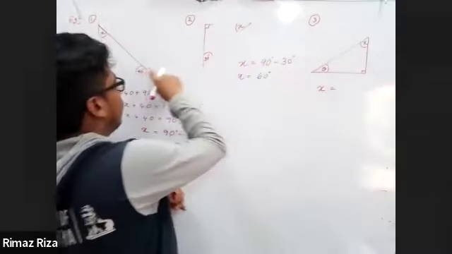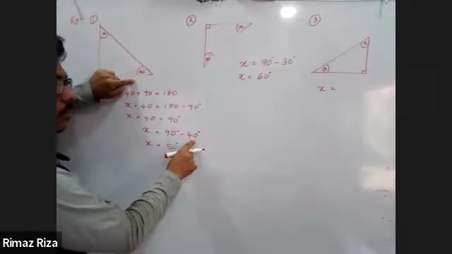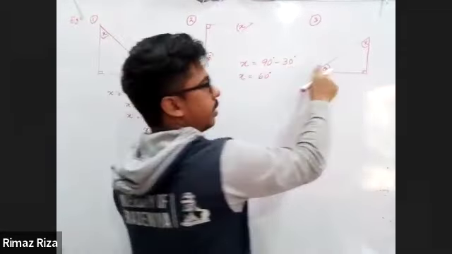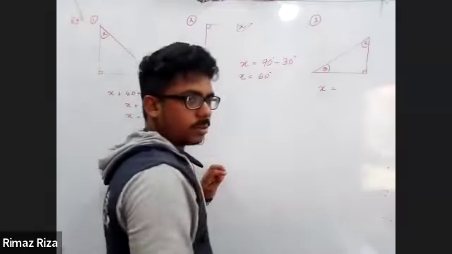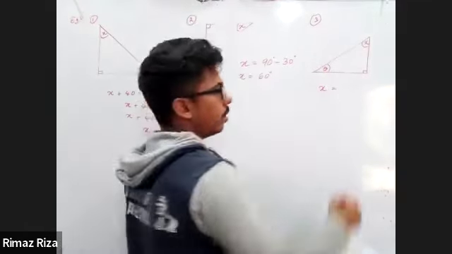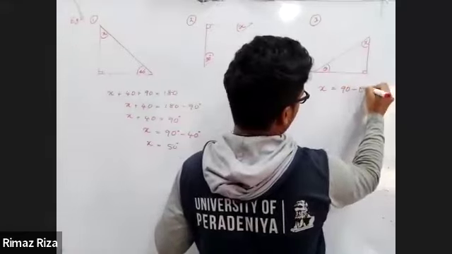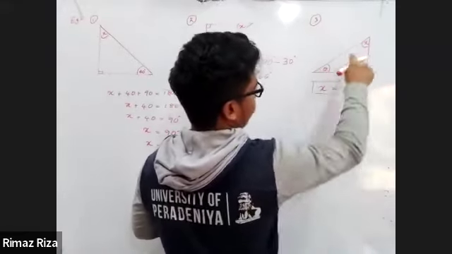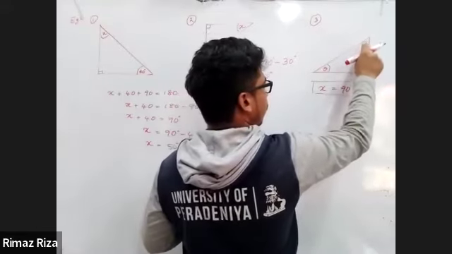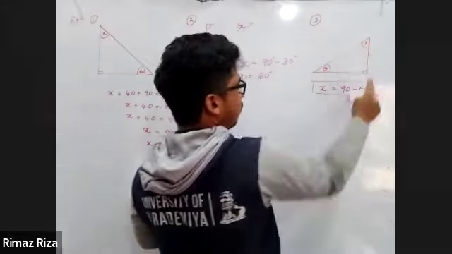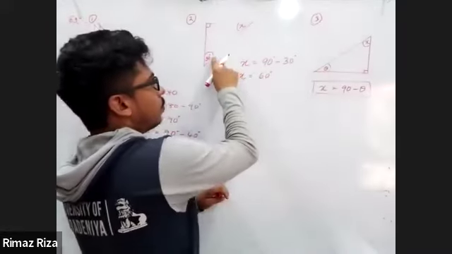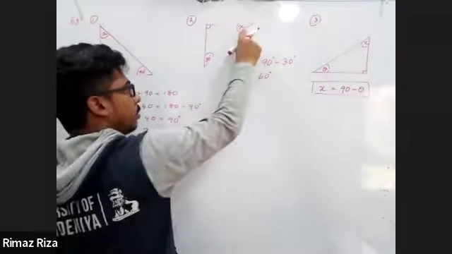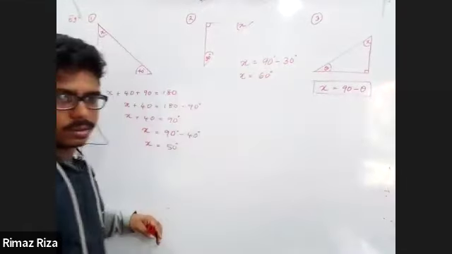If this angle is 30, x equals 90 minus 30. If this is 40, x equals 90 minus 40. If this is theta, x equals 90 minus theta. So that's the theorem. I mean, not theorem, you should know. For right angle triangle, if this angle is theta, then this angle is 90 minus theta. If this angle is 40, this will be 90 minus 40. If this angle is 30, this will be 90 minus 30. Do you understand?